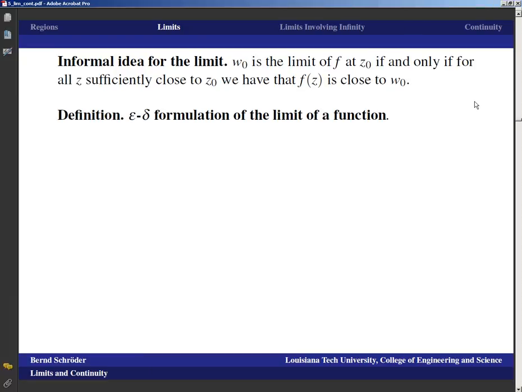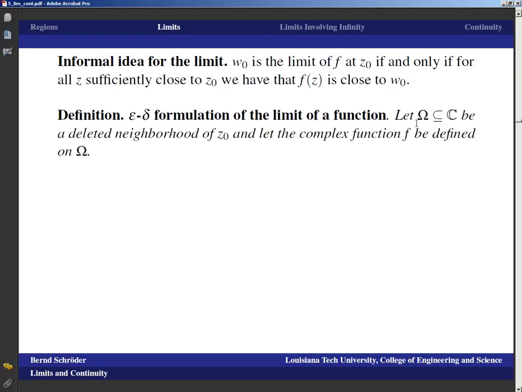Alright, so what do we have? The epsilon delta formulation of the limit of a function is the following. We take a deleted neighborhood of z0, and I typically call those things omega because that's a letter that reminds me of open, so for open sets also.